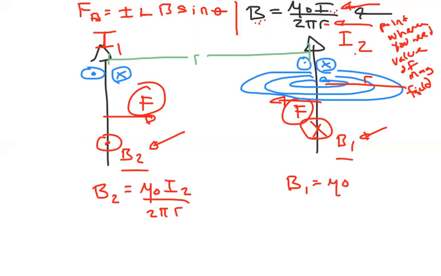All right, and then what would the forces be now? Let's just do, what would the force be over here, like the value of it? He'd be asking you, what's the value of FB from I2 onto I1? Might not ask for an actual number, but definitely an equation.